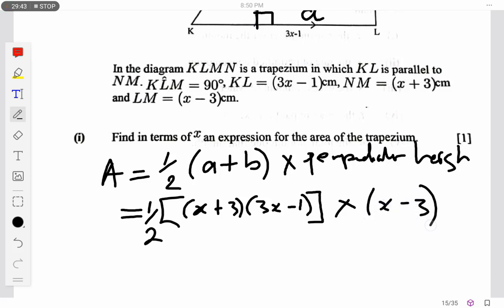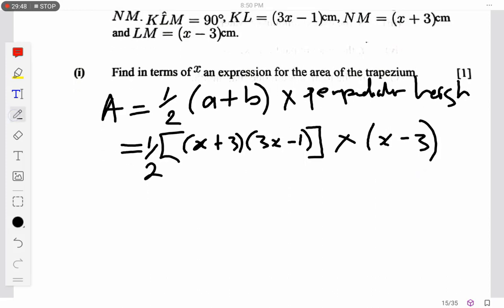Okay, now let's simplify this. So this is going to be half. Here I'll have x times 3x, that's 3x squared. Okay, let me see. X plus 3. Oh, sorry, now I'm multiplying things that are supposed to be adding here.